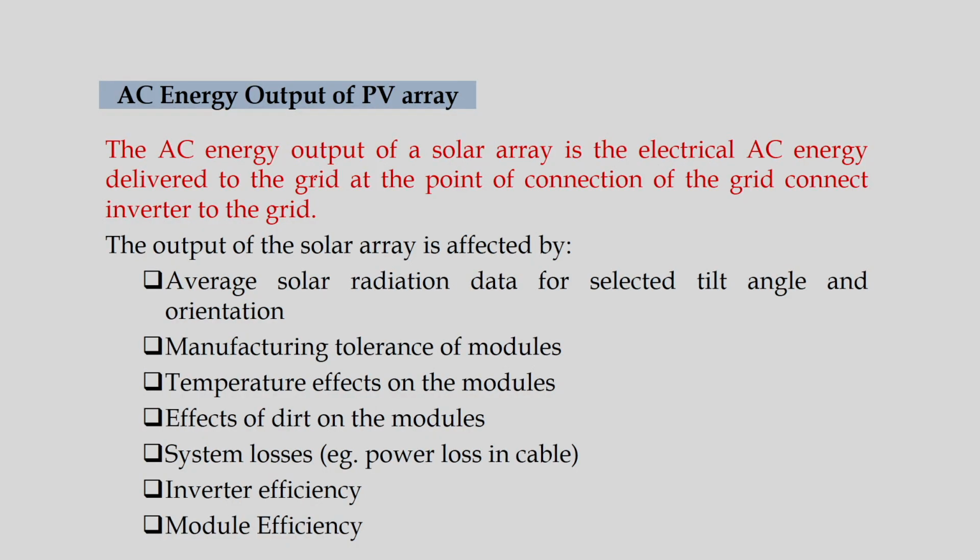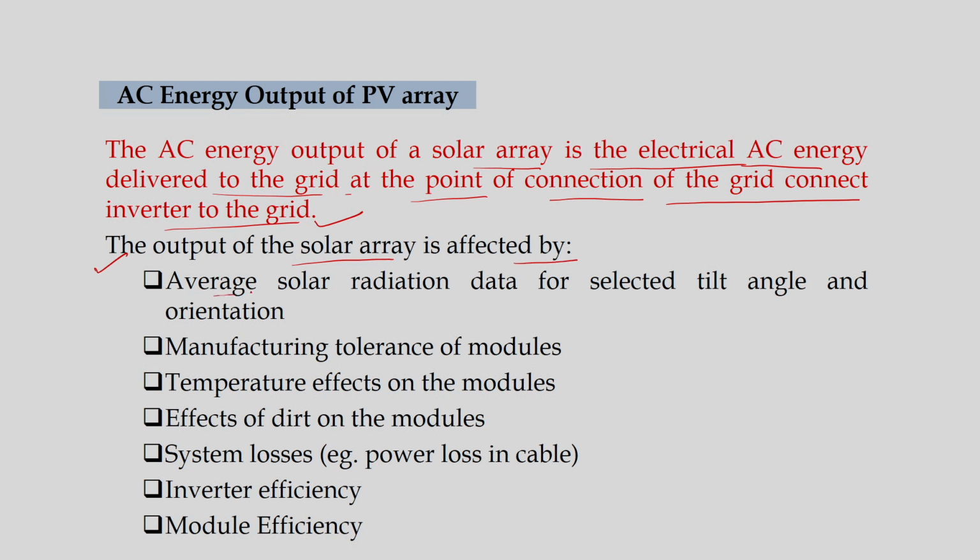The AC output of the plant, of a solar array, is the electrical AC energy delivered to the grid at the point of connection of the grid connect inverter to the grid. This output of the solar array is affected by many parameters.